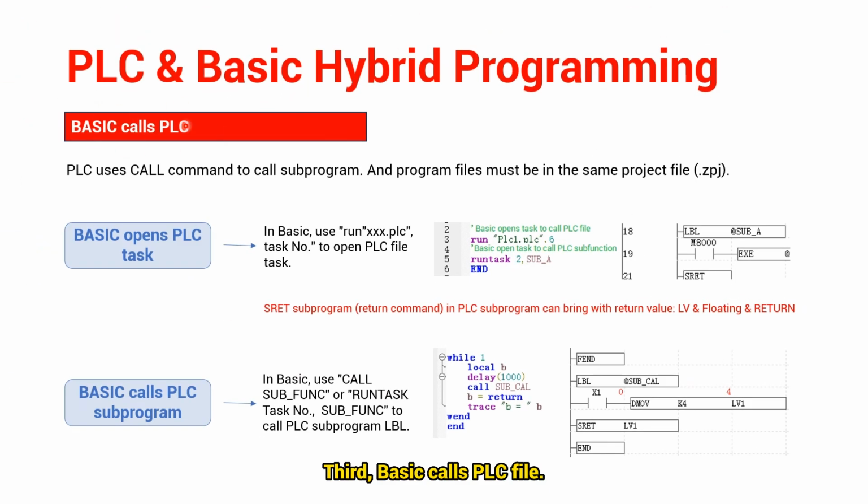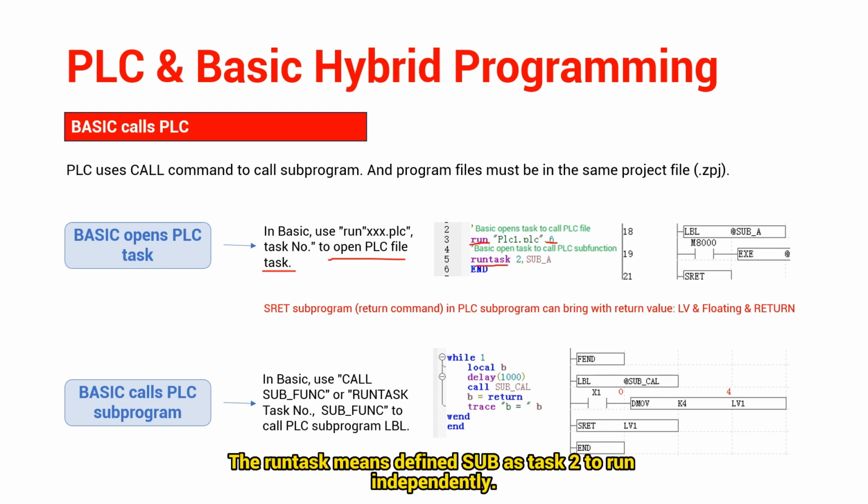Third, basic calls PLC file. Actually, it can open PLC file directly in BASIC. Use the run instruction to call PLC task. Let's see one example. Open PLC file as task 6 through run. Then the run task means define the sub as task 2 to run independently.